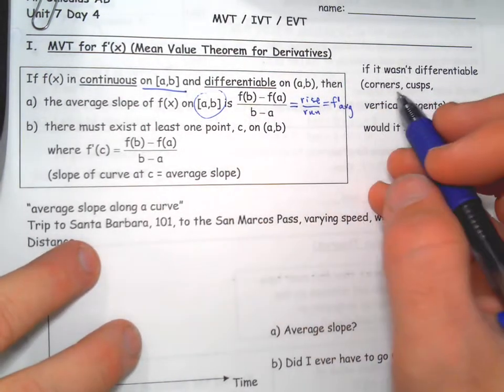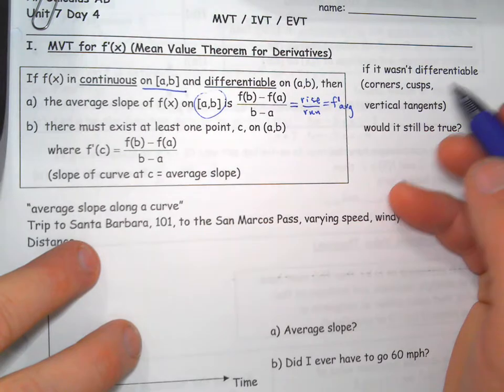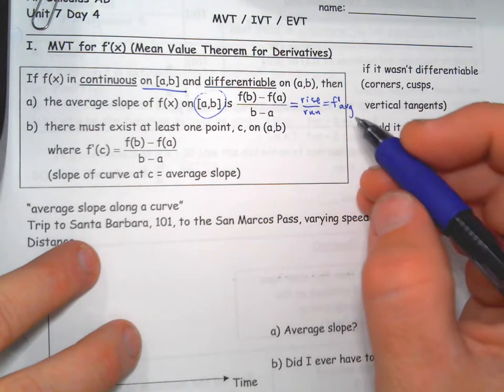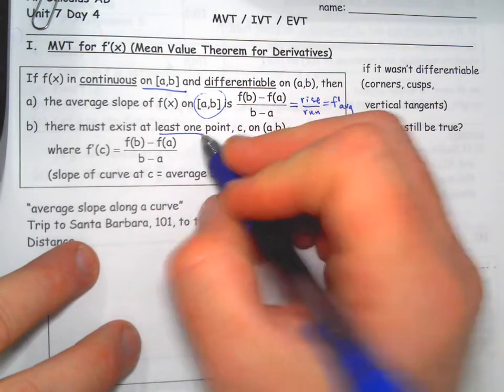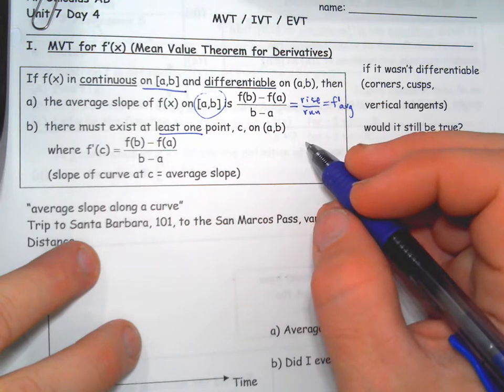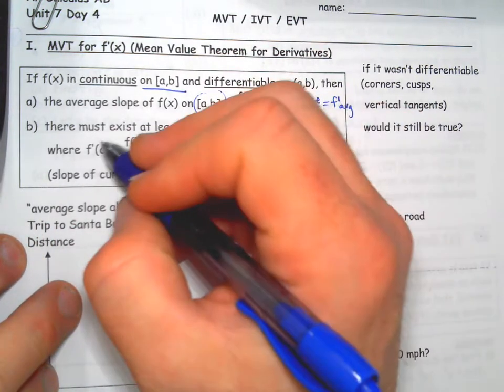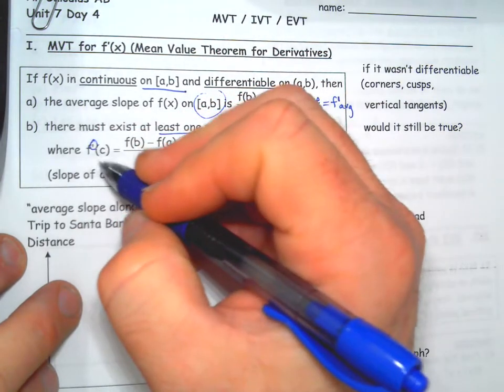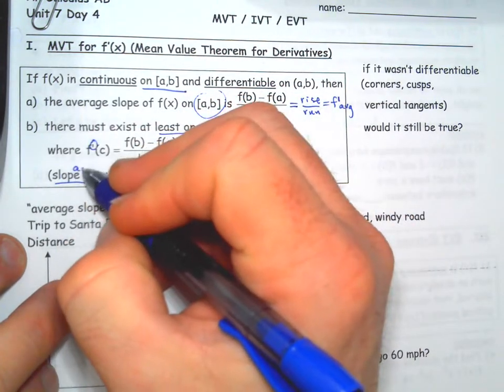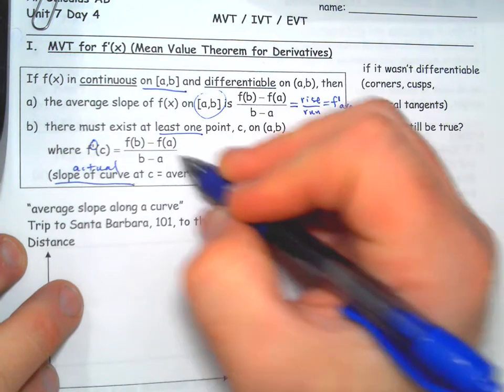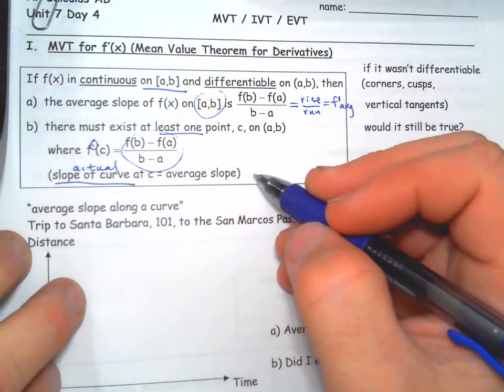There's also another conclusion to it that says there must exist at least one point between the endpoints, between them, where the actual derivative, the actual slope of the curve, equals the average slope of the curve. Okay.